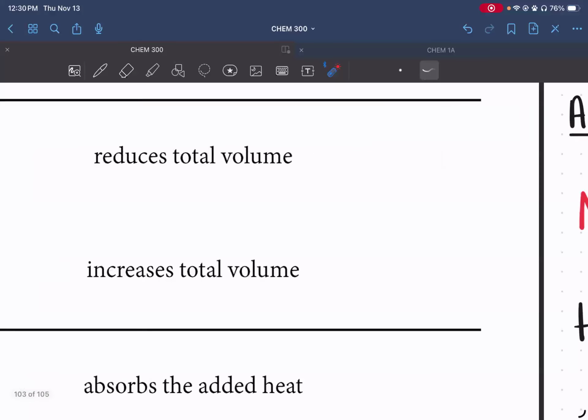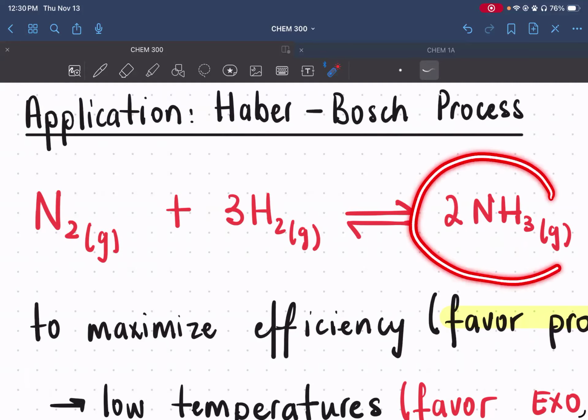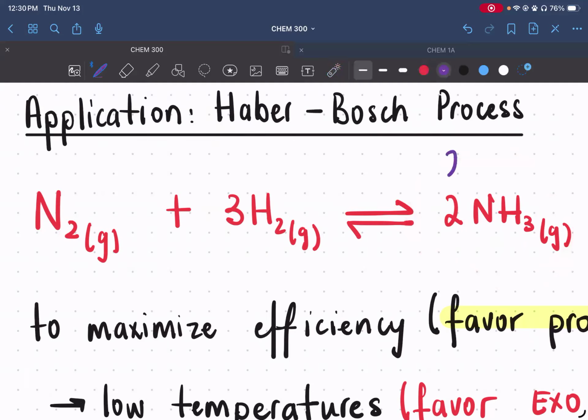All right, so you go back and you say, all right, let's take a second, let's count. On the right-hand side, I can clearly see that there are 2 gases in total. I know this because there is an NH3 and the stoichiometry tells me that there are 2 in total. That is on the product side.